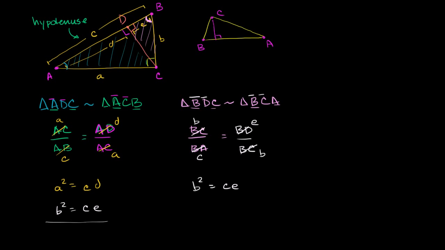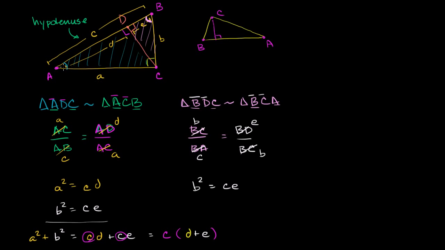If we add the left-hand sides, we get a squared plus b squared is equal to CD plus CE. And then we have a c in both of these terms, so we can factor it out. It's going to be equal to c times d plus e.